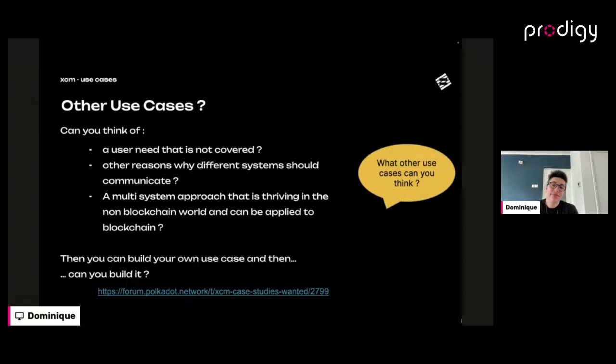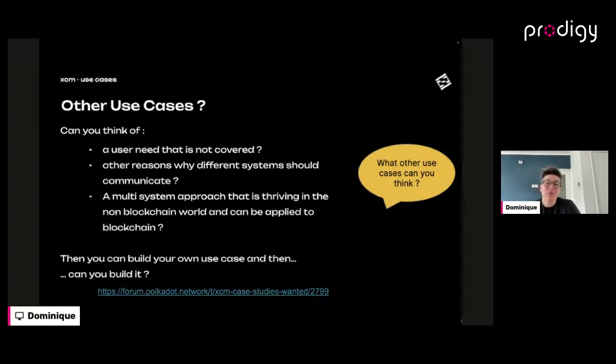So this slide is more to incite you to not take only what I'm sharing, but think, what else can be there? What else can we use XCM for? Build your own use case, and then build your own projects and tools.